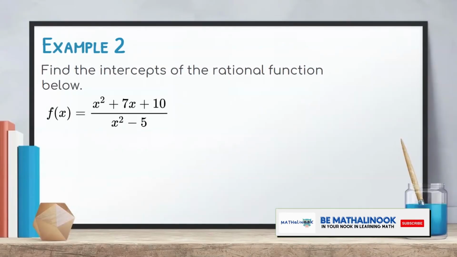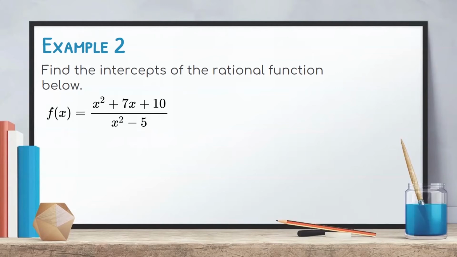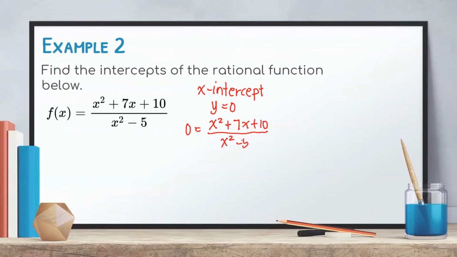Here is another example. Find the intercepts of the rational function below. f of x equals x squared plus 7x plus 10 all over x squared minus 5. Once again, to solve for the x-intercept, we need to set y to 0. So we will have 0 equals x squared plus 7x plus 10 all over x squared minus 5.